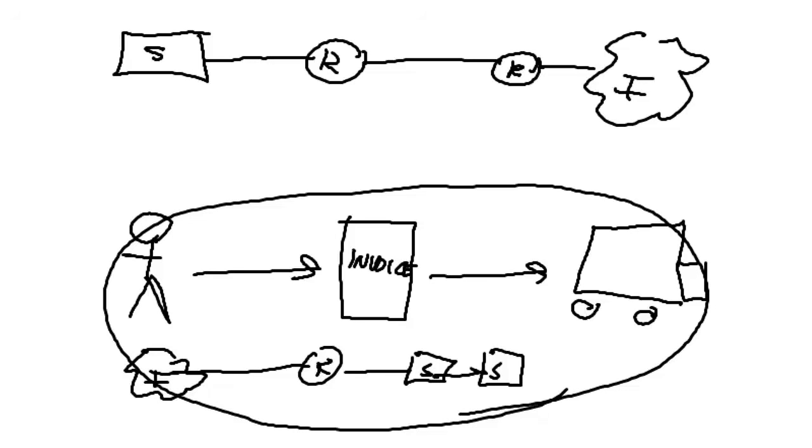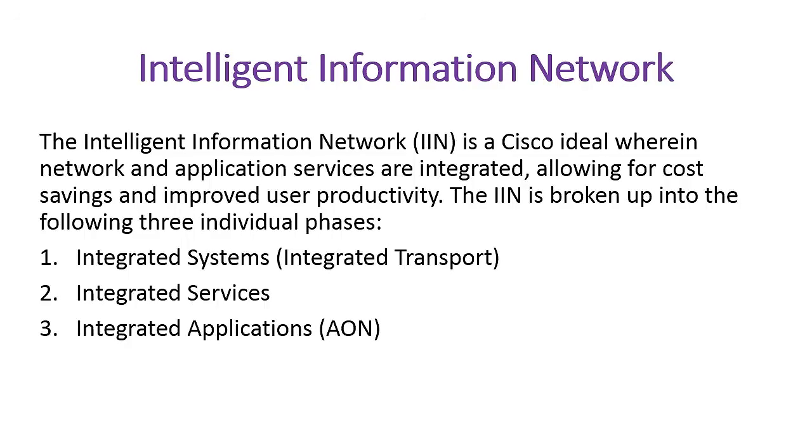So there's three points of integration in IIN, or the points on your network where you can add IIN components. First, there's integrated transport, and this involves the integration of network data, such as voice, data, and video. These components, as you know, make up the Cisco Unified Network, which places these traffic types on any network that is built well, while allowing each to be optimized for usage through traffic management features.